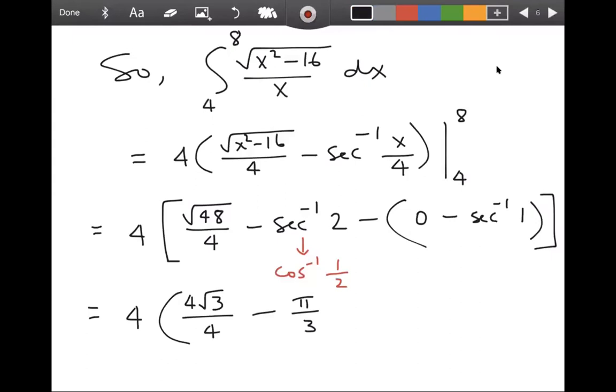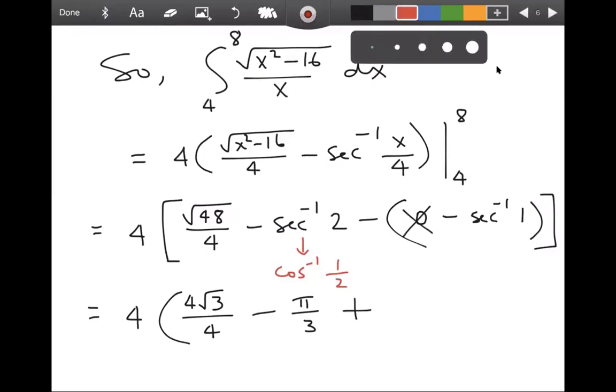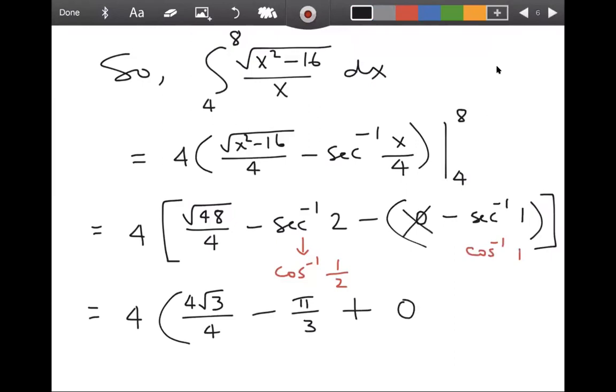Okay, and now we can just ignore this 0 and say plus the inverse secant of 1. The inverse secant of 1 is the same thing as the inverse cosine of 1 over 1, which is 1. The inverse cosine of 1 is 0, right? All right, so that's our answer.